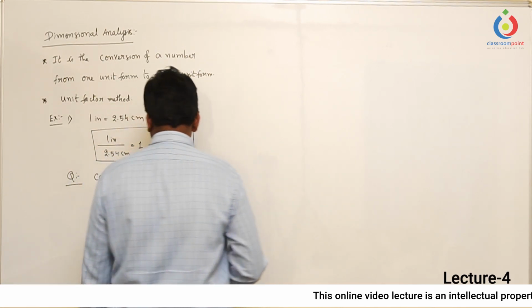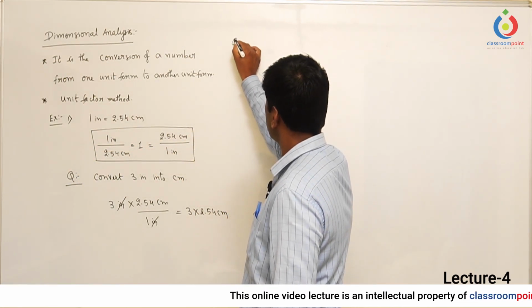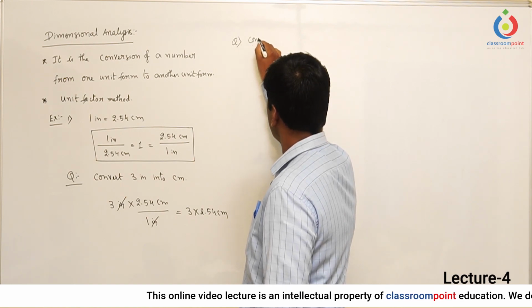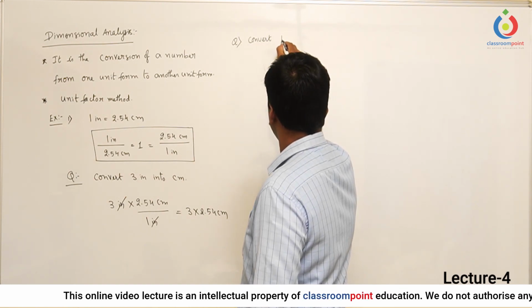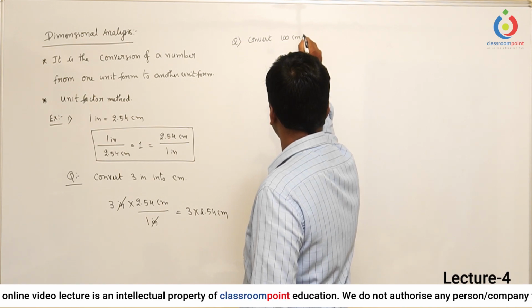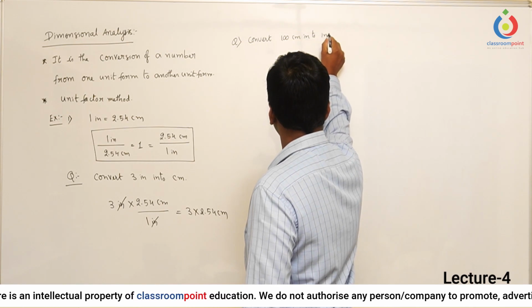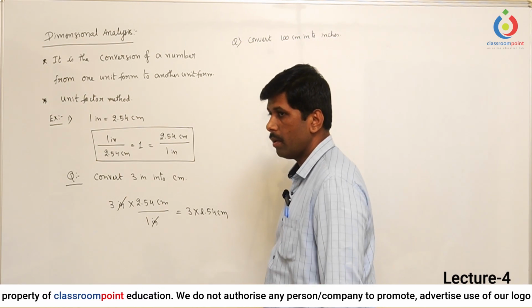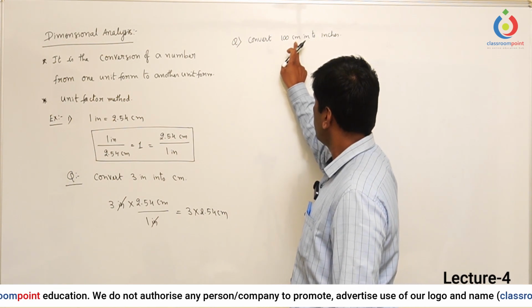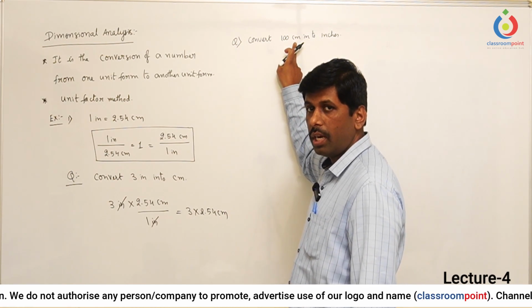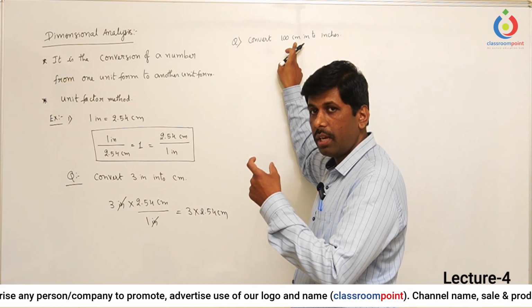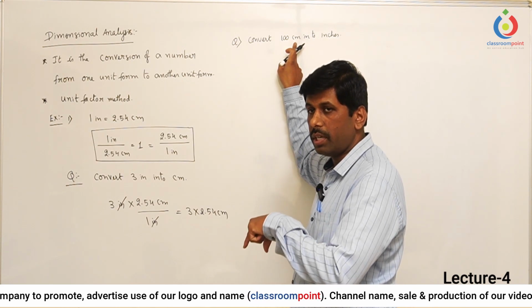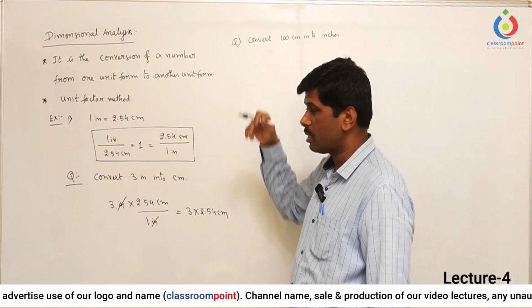Now let us take another question where they are asking us to convert 100 centimeters into inches. Here centimeters are given, so whatever unit factor you select, centimeters must be in the denominator so that centimeters cancel out.